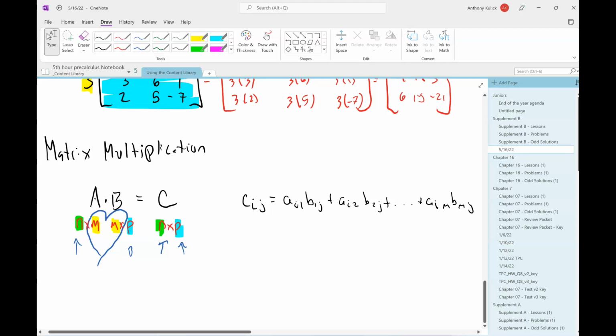Sorry, it gets a little confusing with the subscripts there for me.